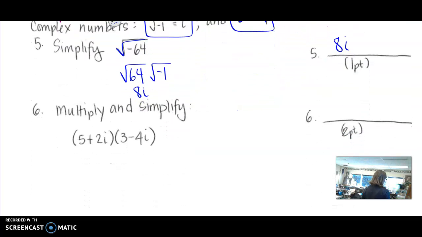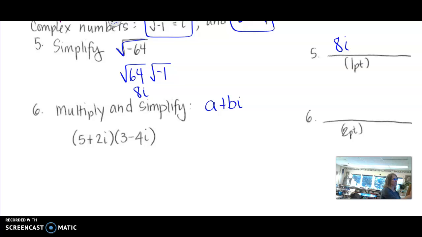Okay, so sometimes when you're finding zeros of a polynomial, you end up with i in the answer, which is why we're reviewing this right now. I'm going to do a little bit more computation here with i. Multiply and simplify. I have two complex numbers. Complex numbers are in the form a plus bi. a and b will be real numbers.